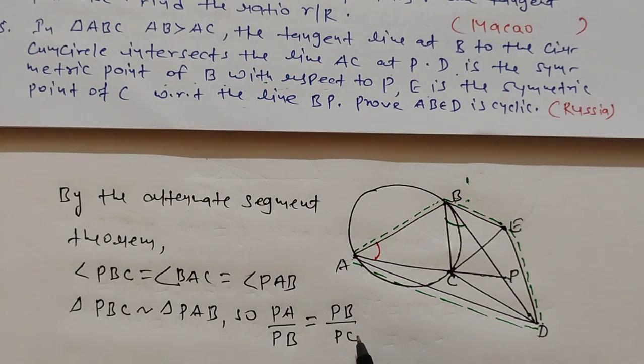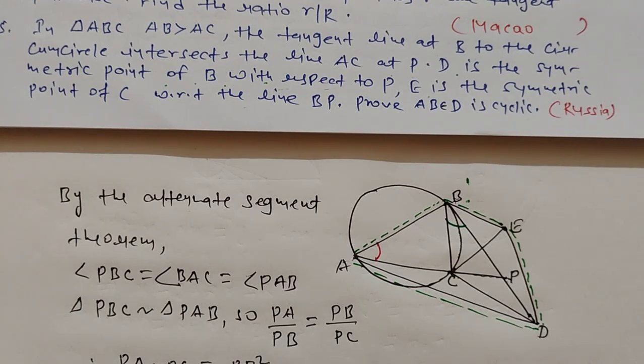and hence this relates that PA times PC is equal to PB square, and this will be equal to PD square.